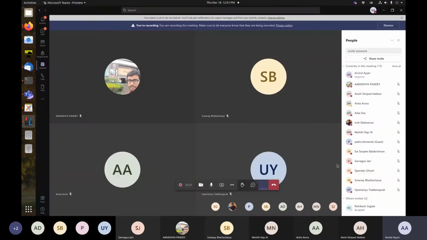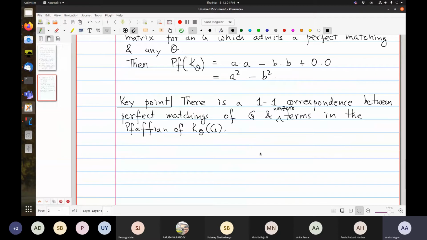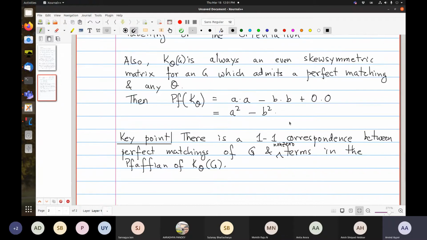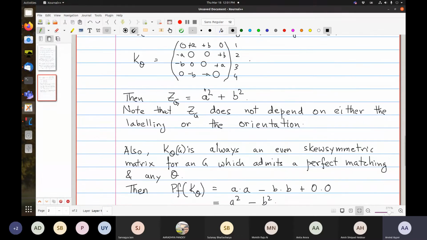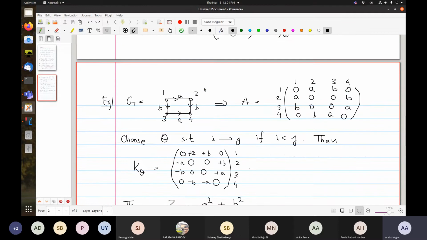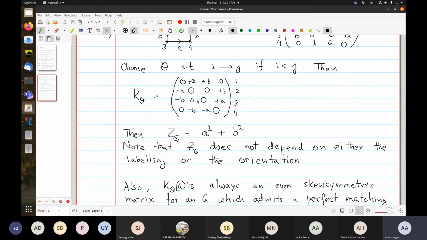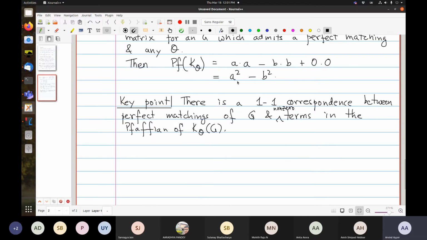Okay. So that means that we get a one-to-one correspondence, and so the Pfaffian is the natural thing for calculating the partition function of the dimer model on this graph. Is that clear? So each term over here corresponds to one perfect matching of G.